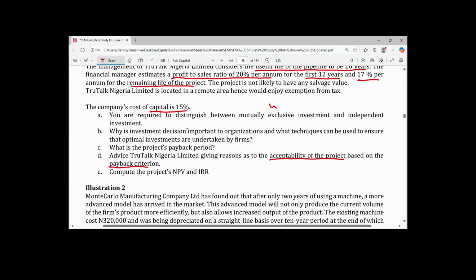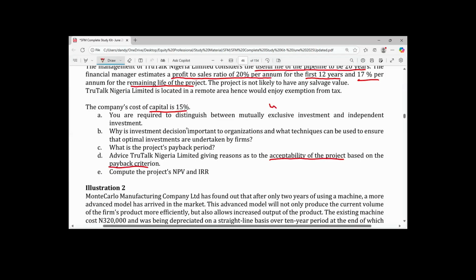On the flip side, an independent investment is a standalone investment that may be accepted or rejected based on its own merit. For example, if the investment produces a positive NPV, it will be accepted, but if negative NPV, it will be rejected. So that is what you are supposed to say.